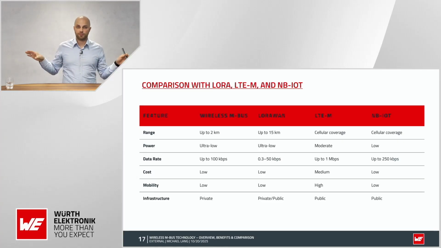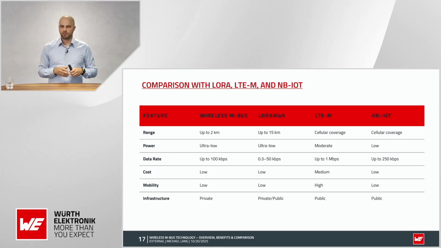The cellular coverage will handle it, and you don't have to think about it. Comparing LTE-M and narrowband IoT, LTE-M has the higher data rate and also the higher power consumption, and the rest is very comparable. Narrowband IoT is described with lower data rates and also lower power consumption.